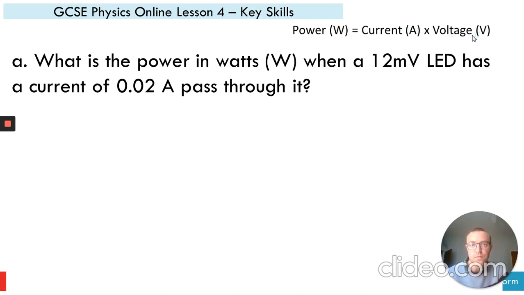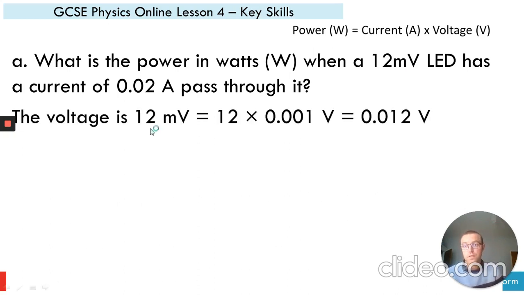So we need to convert our volts. We've got millivolts in our question, but in our equation, we need it to be in volts. Milli, the prefix, is the same as 1,000th, 10 to the power minus 3, or 0.001.